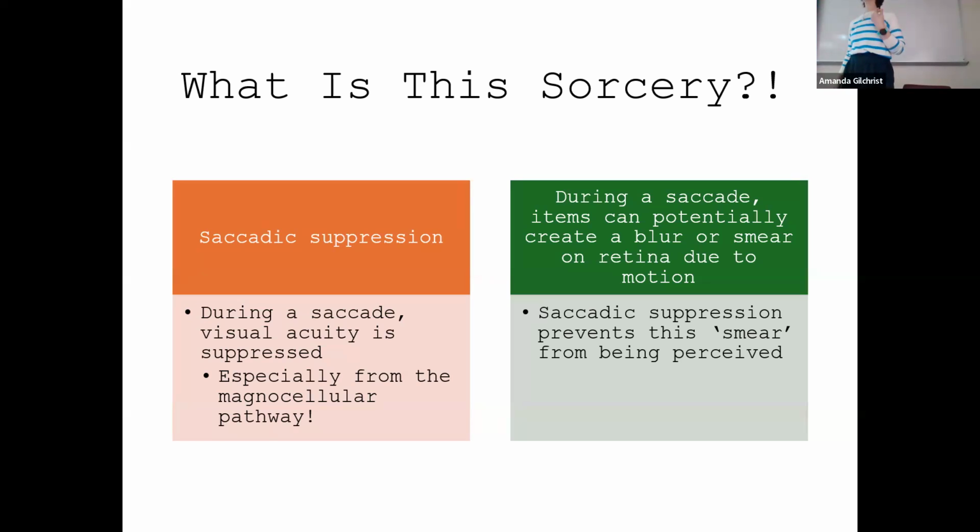Saccadic suppression prevents that visual smear or blur from being perceived. So if you turn your head or your eyes really quickly, some of you are moving right now, my eyes and my brain are engaging in temporary suppression of your motion so that I don't make myself sick perceiving a visual blur. Kind of cool.